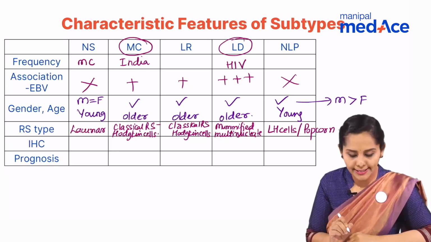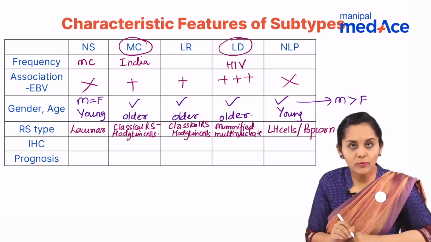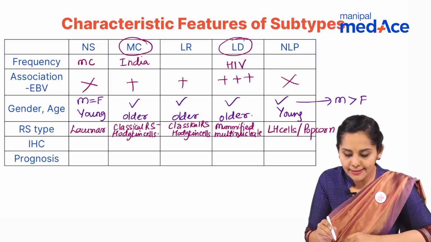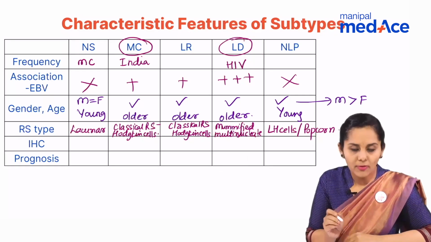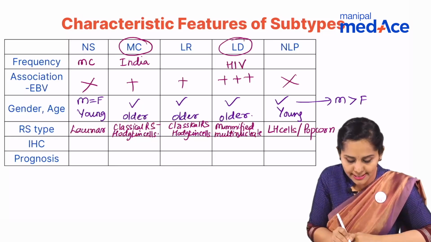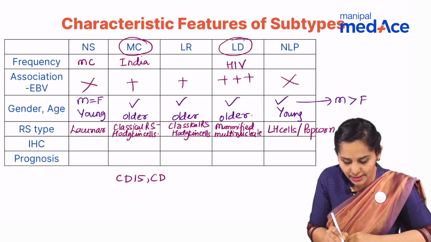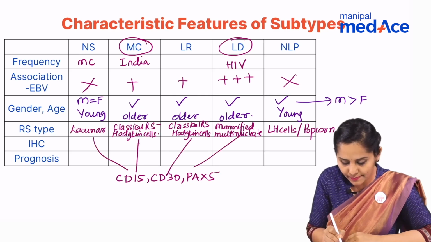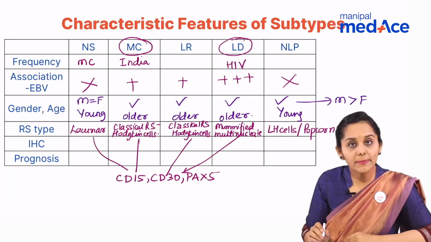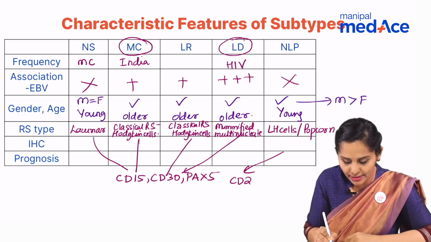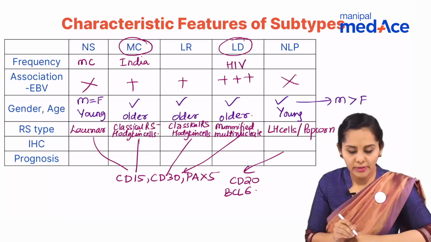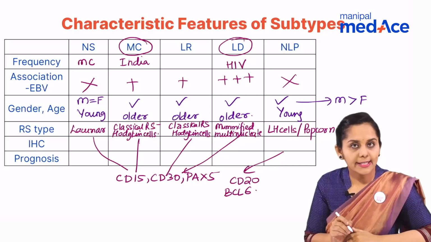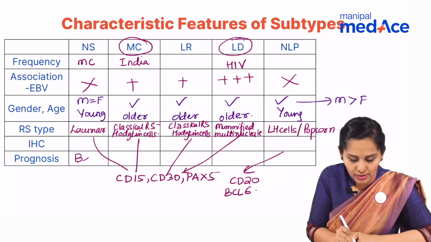Now moving on to IHC. So as I already mentioned, these would show, that is nodular sclerosis, mixed cellularity, lymphocyte rich, lymphocyte depleted, till here, okay, the markers of Reed-Sternberg cell would be CD15, CD30 and PAX5 for all of these. Whereas for nodular lymphocyte predominant Hodgkin lymphoma, it is CD20 and BCL6. Moving on to prognosis, the subtype under classical which has the best prognosis is nodular sclerosis.